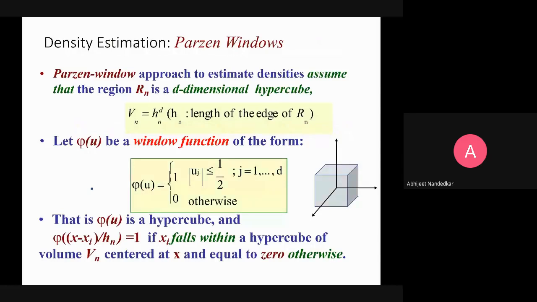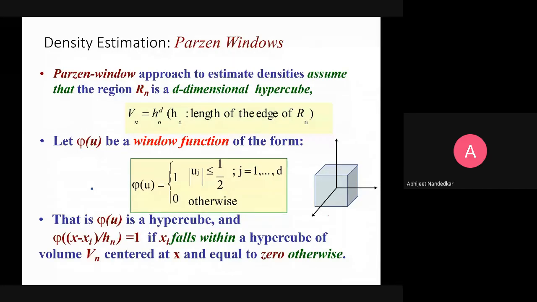Now, the parzen window approach estimates the densities assuming that the region Rn is a d-dimensional hypercube. Now here we define Vn, that is the volume of the hypercube, equal to h to the power d. So h stands for the width of the hypercube.